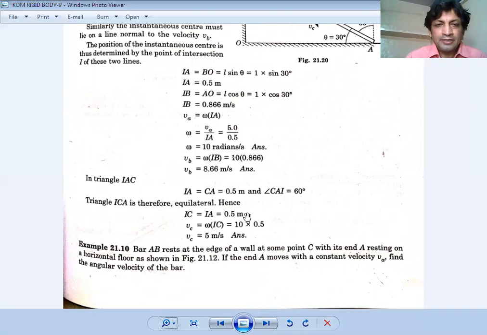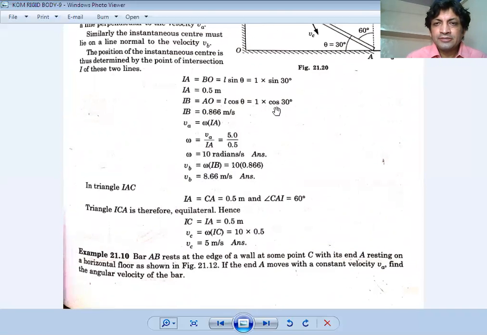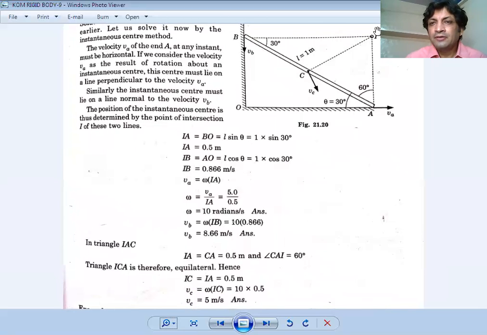Similarly, in triangle IAC, angle A is equal to 60°. Here you can see IA, which we have already calculated, and AC is 0.5 since C is the middle point.